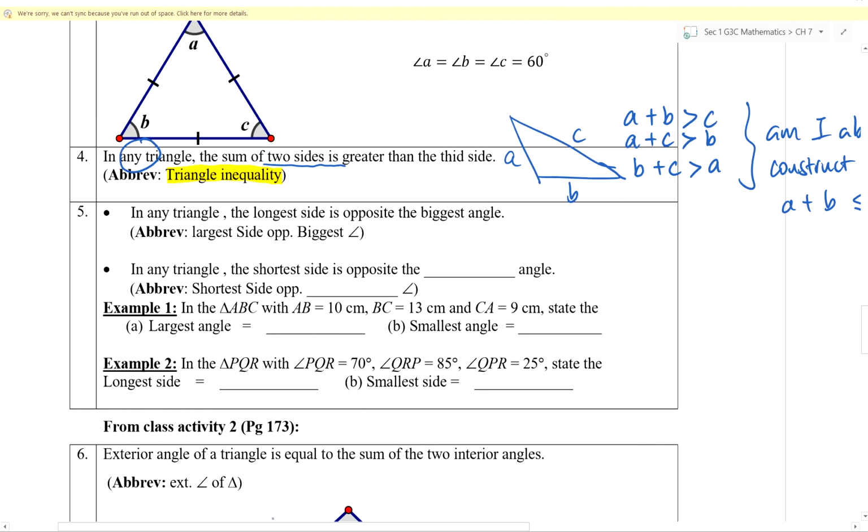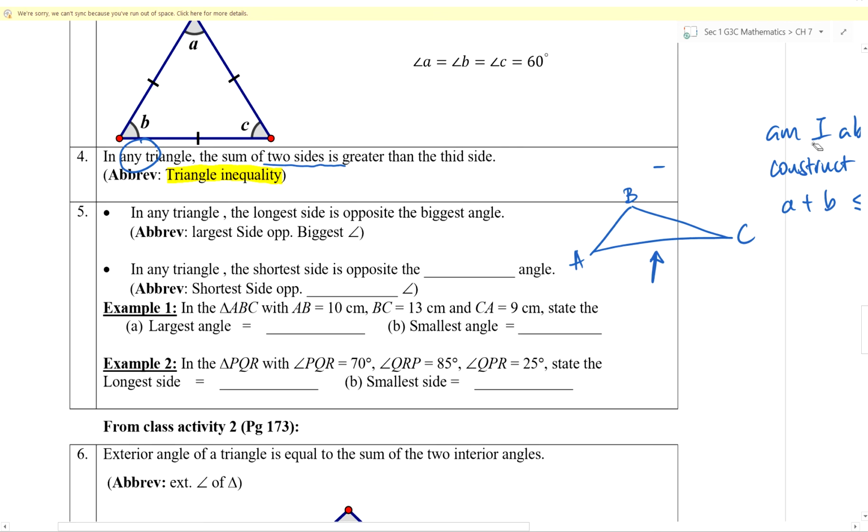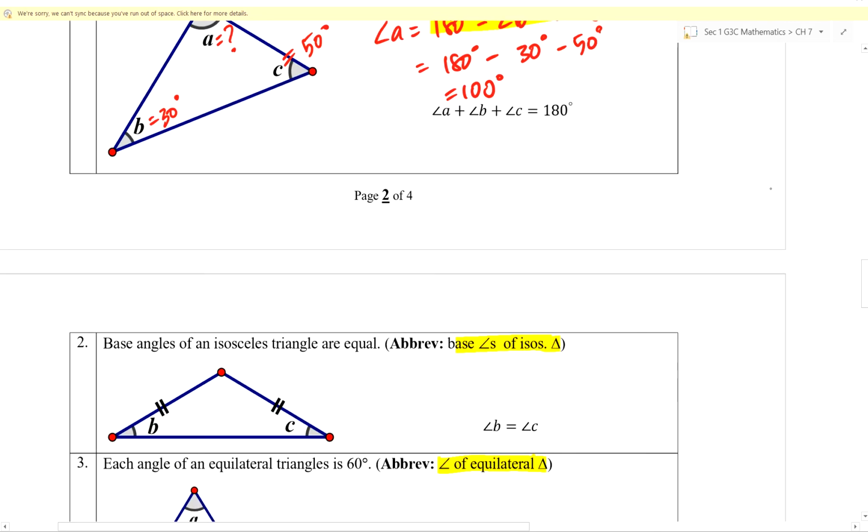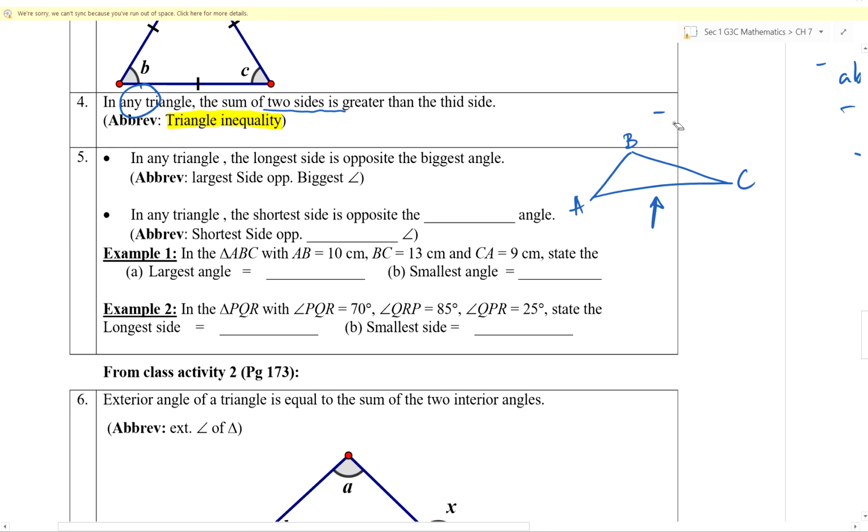The next property over here is that in any triangle, the longest side is opposite the biggest angle. This must definitely make sense. So for example, if I've got a triangle that looks like this, let's give it some name, A, B, and C. So I've got this triangle known as ABC.